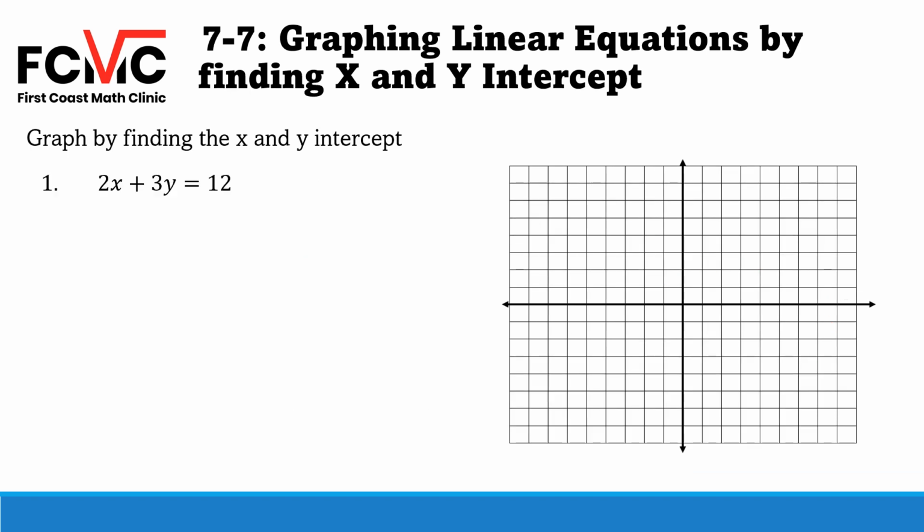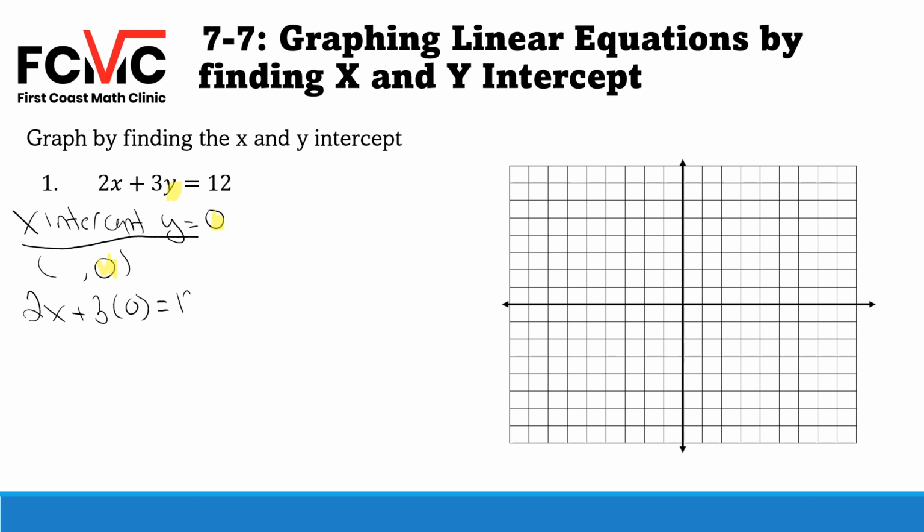So for example 1, we want to graph by finding our x and y-intercept. Let's start with our x-intercept. We know at our x-intercept, y is equal to 0. So let's set up our ordered pair, which is going to be part of our solution. Let's take that 0 value and put it in for y. We'll have 2x plus 3 times 0 equals 12. 3 times 0 is 0, so we can get rid of that.